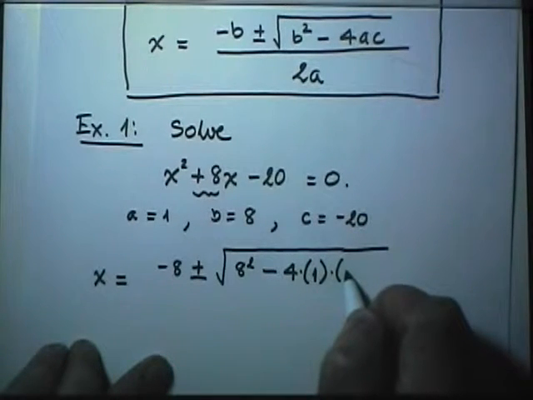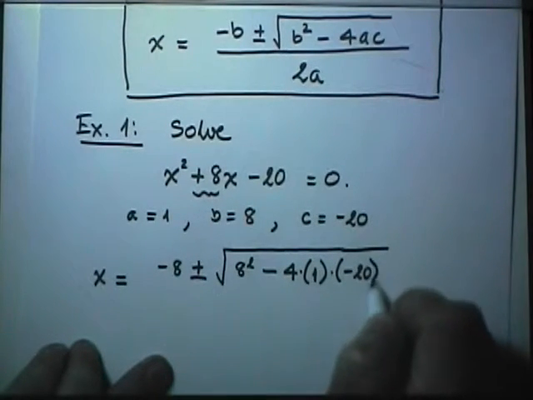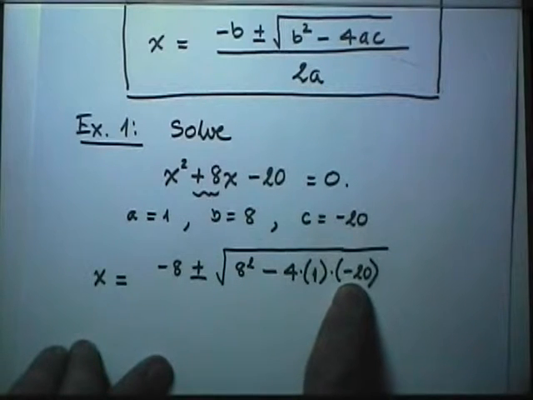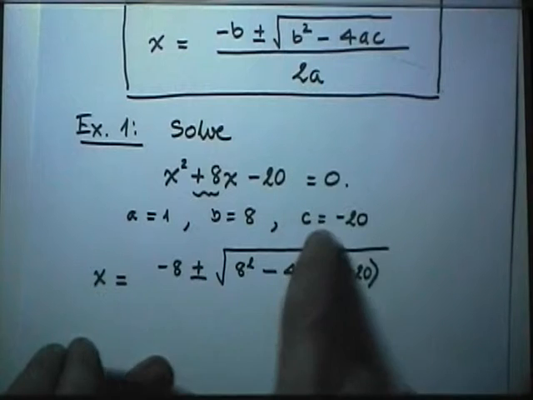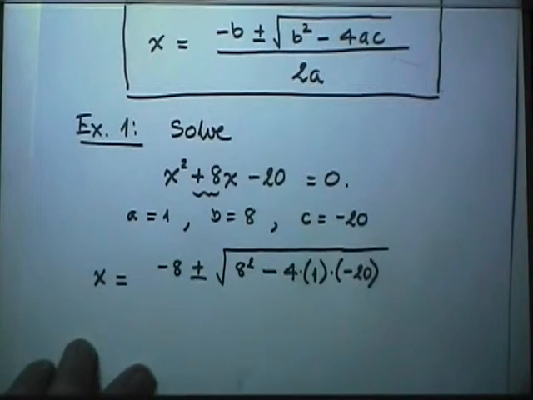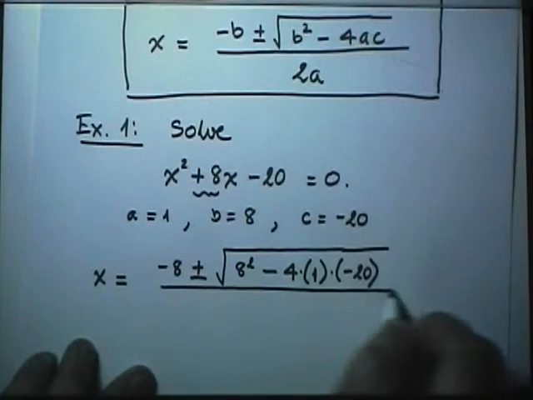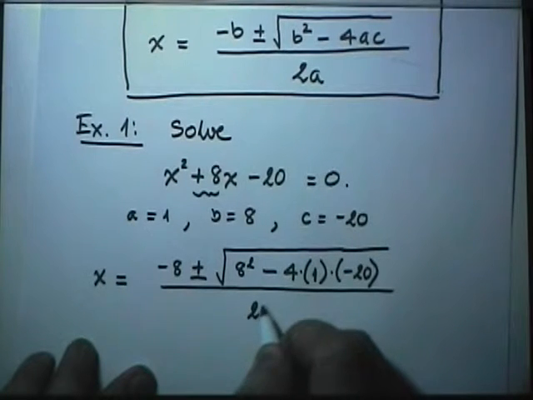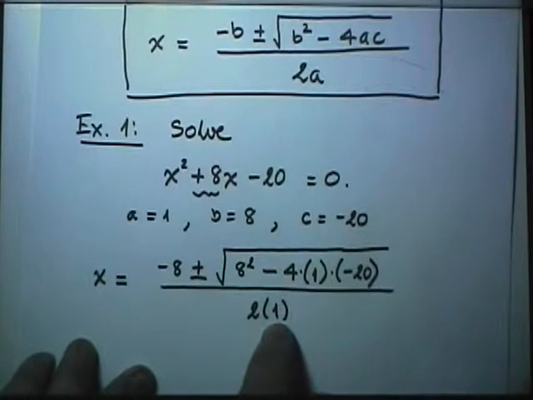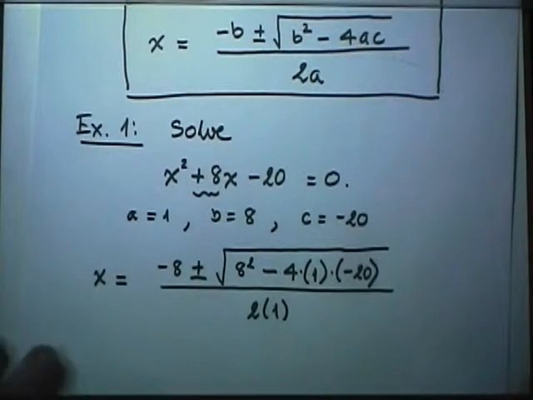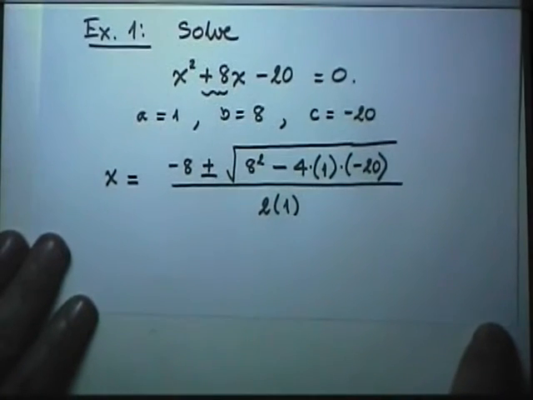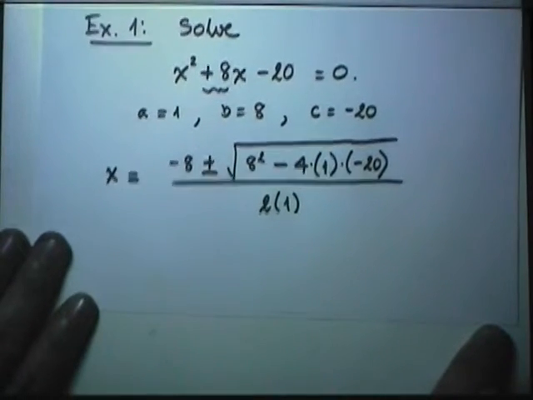My c value here is minus 20, so I put the minus 20 in parentheses. And all over 2 times 1, where 1 is my a value. At this point, I have completed plugging in the formula.